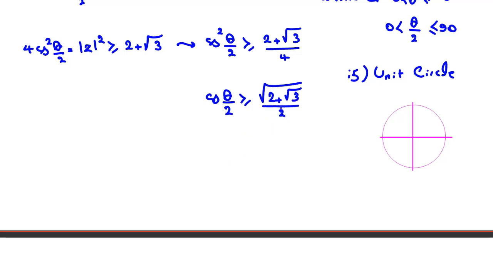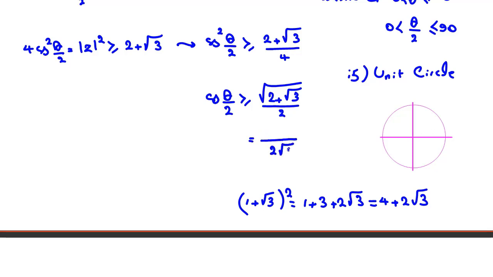Okay, also we can simplify more if you want. How? Look, 1 plus root 3 squared is what? Is 1 plus 3 plus 2 root 3. So it is 4 plus 2 root 3. As you can see, it is twice this part. So I can multiply both numerator and denominator by root 2.